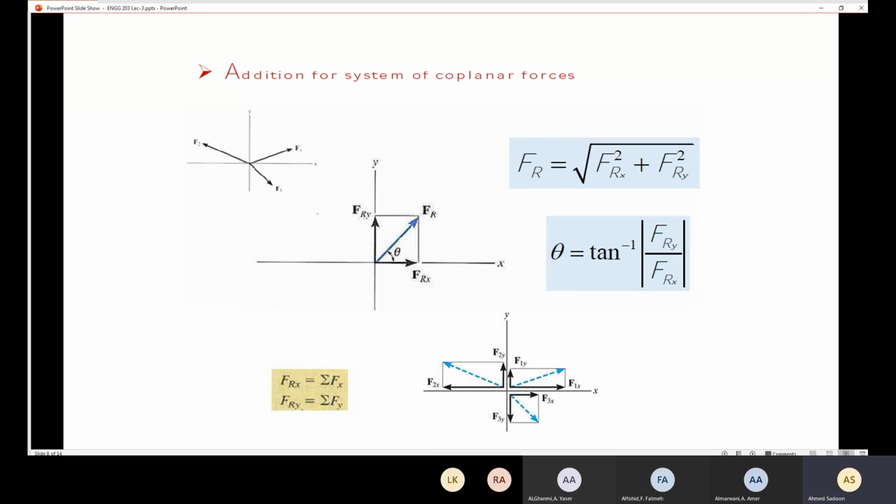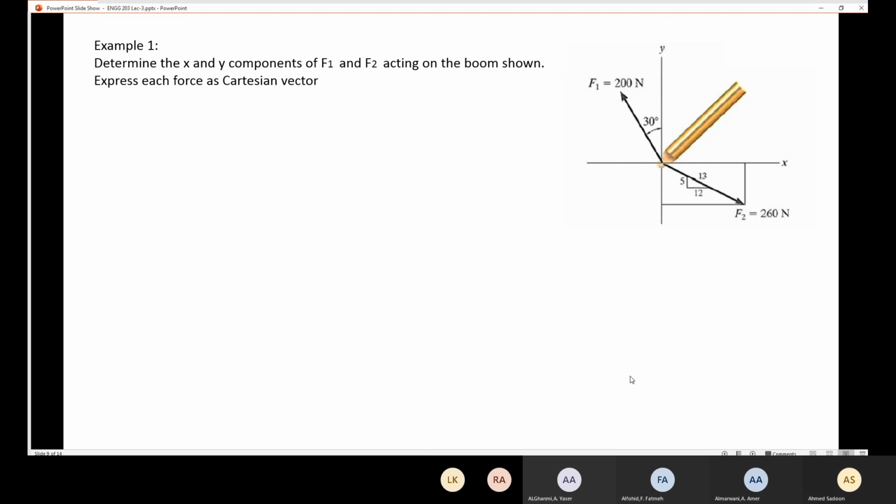We used to do that by using the parallelogram law, maybe more than one time, and then use either the cosine or the sine law. Now we have a procedure for that, and like I said, this procedure is more convenient. So let's see an example here so that we can understand what we have mentioned before.